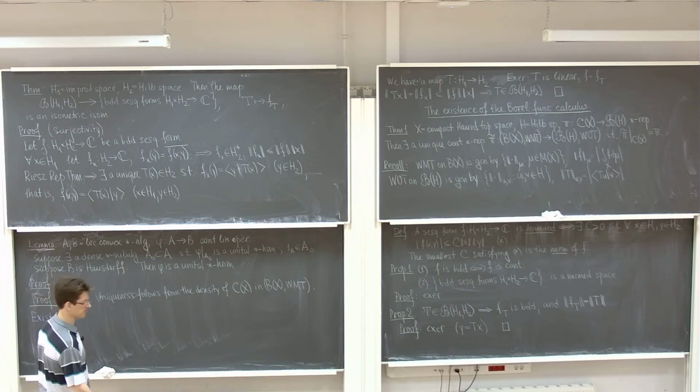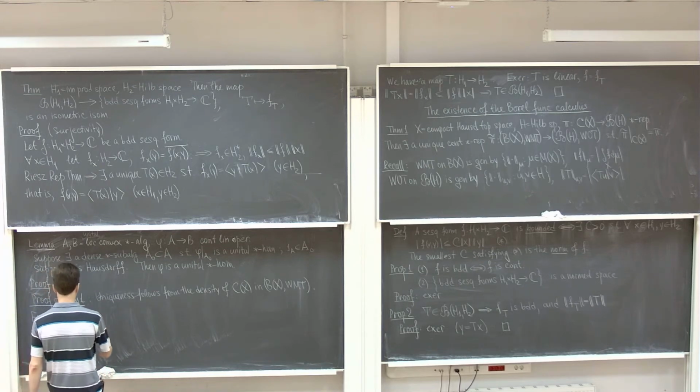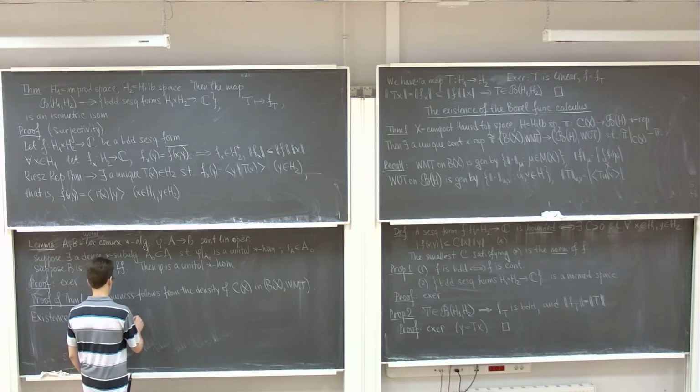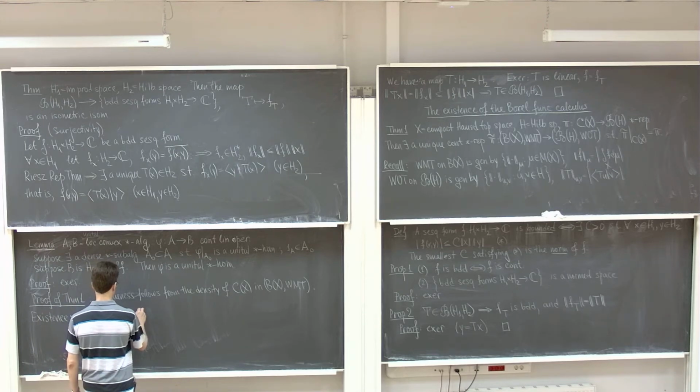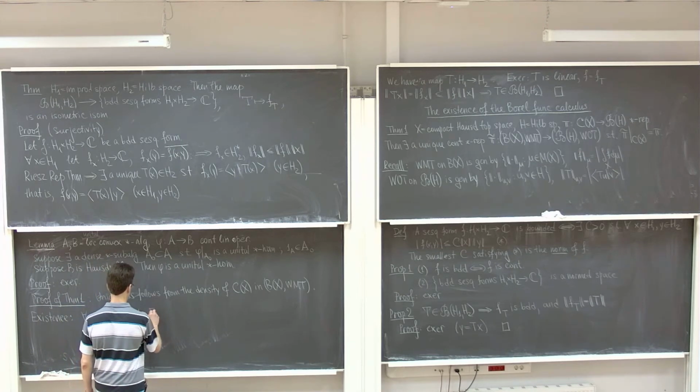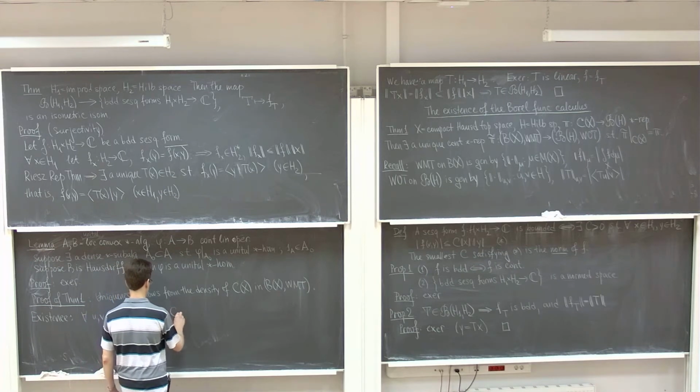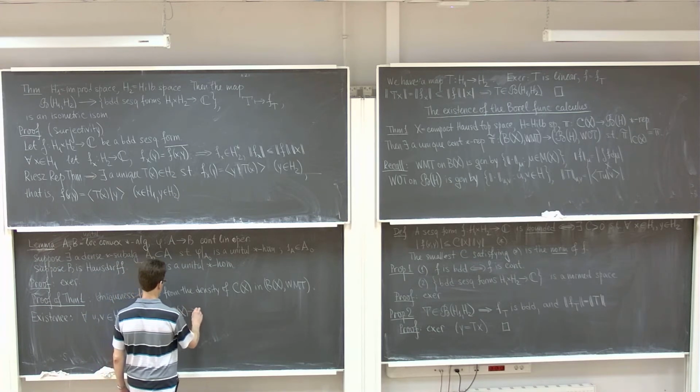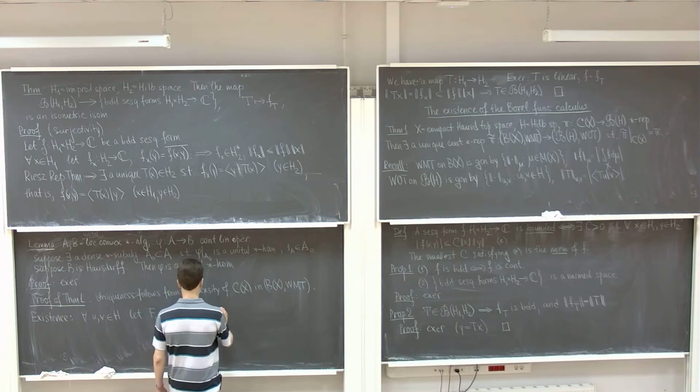So first of all, we do the following. We take a pair of vectors, u and v, in H, and we define a linear functional, f_uv, on this space of continuous functions, C of x, by the following formula.